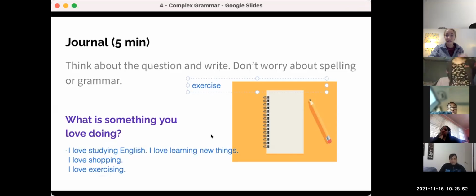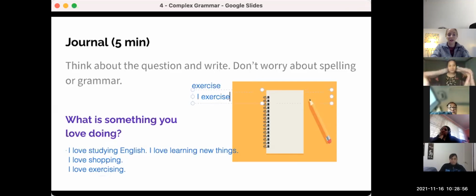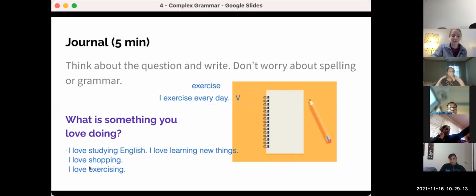I exercise every day. There it is, the verb. I exercise every day. It's the verb. In this sentence, I love exercising. We've changed that verb into the gerund form, so it can be the noun.